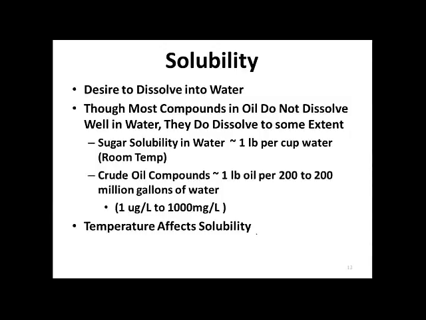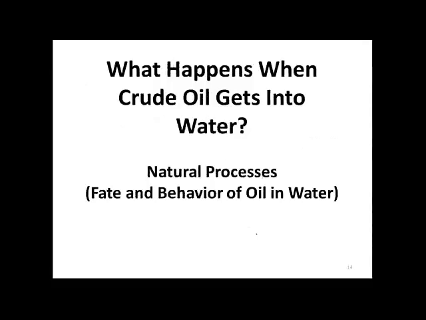And that, in fact, the colder the water, the less soluble they are, okay? So basically, if we review this, most compounds that are in oil are not very soluble in water, okay? So those are some of the characteristics of oil that we've talked about several times and that we're going to see come up when we talk about dispersed oil.